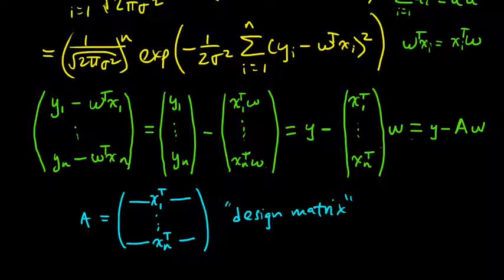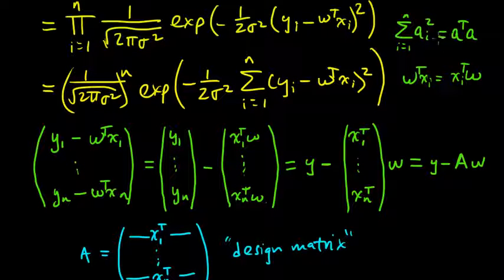Okay, so now we've got our nice expression. We've simplified this sum. The sum of the squares, remember, by our observation, is just the dot product of this vector with itself.